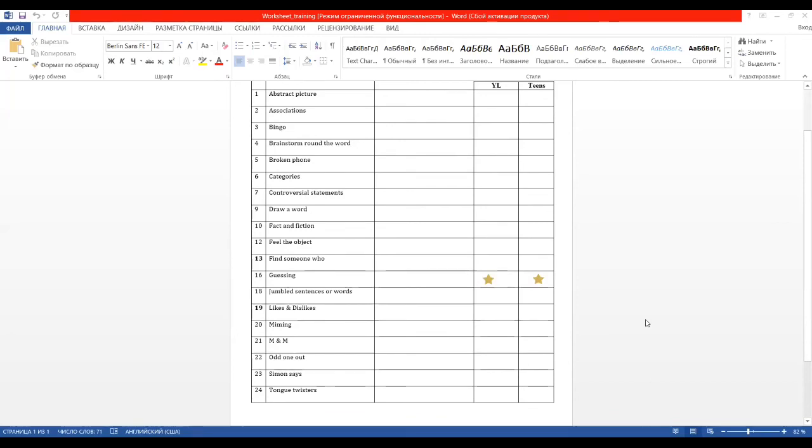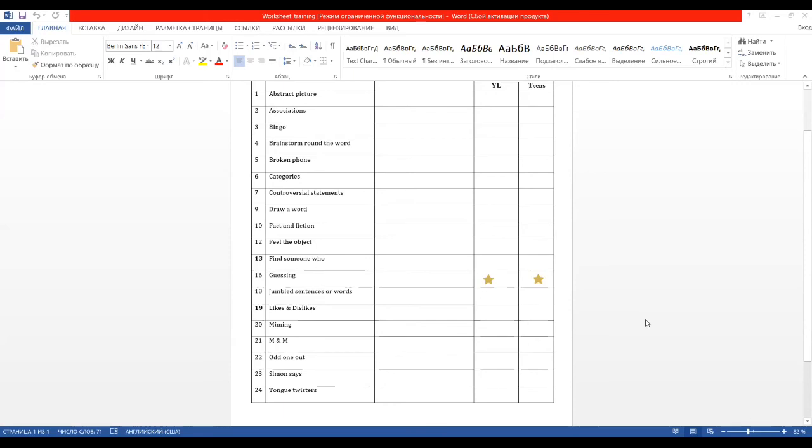Jumbled sentences. So here we have, and young learners and teens, I absolutely agree with you. Jumbled sentences or words, please put 2 stars, for young learners and for teens, because it's appropriate for both of them.